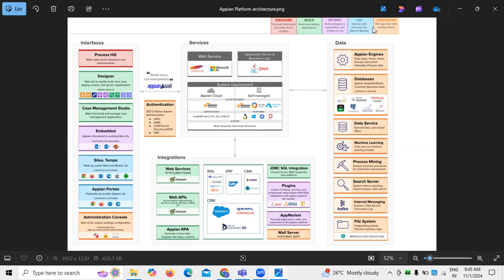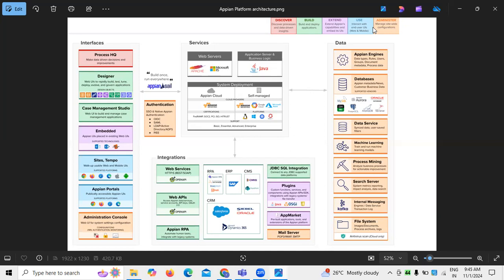Now, today I'm going to discuss what architecture is all about from the context of an Appian architect, wherein you can see over here, this is generally the platform architecture for Appian, when we try to understand an Appian application from the high-level point of view.